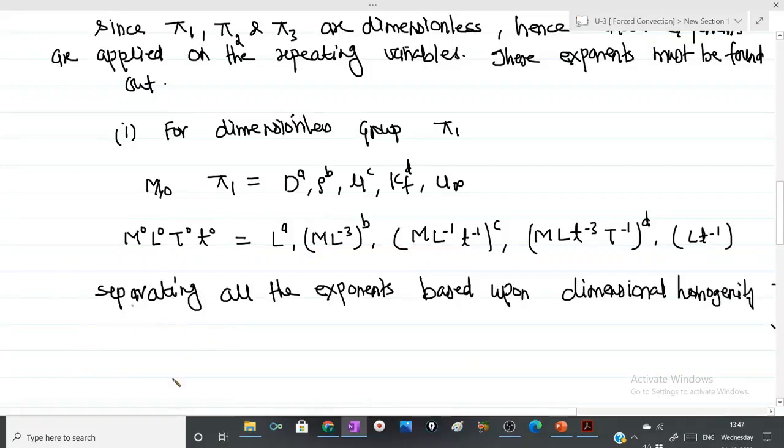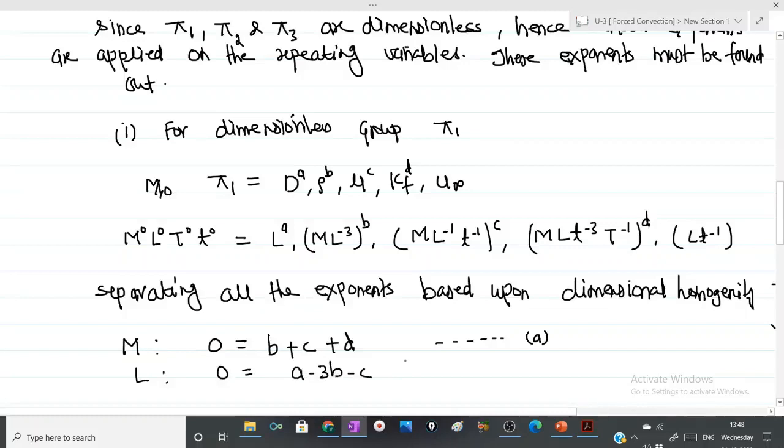First let us write down for M: 0 is equal to b plus c plus d. Let us say it is equation A. Similarly for L, it can be written as a minus 3b minus c plus e plus 1. Let's say this is equation B.